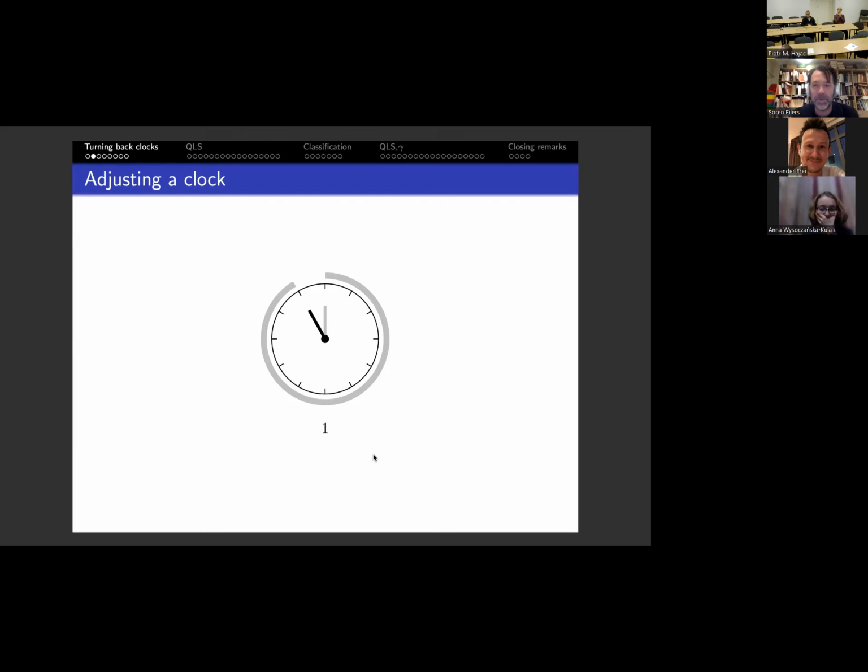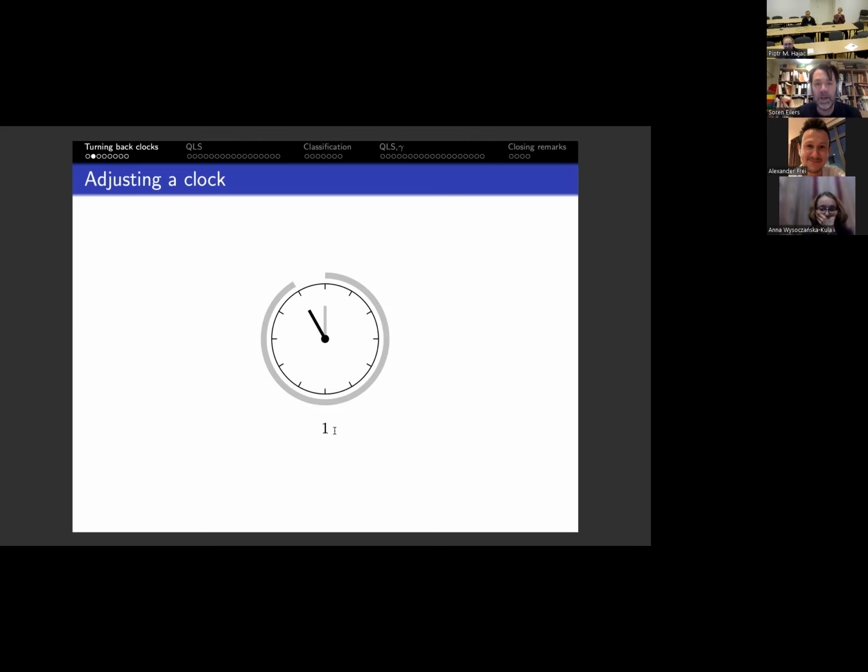I want to consider the situation where I need to put my clock back 1 hour, but it's midnight, and I'm not allowed to move the hand backwards. So let's say that my clock is arranged so that I can only move the hand clockwise.